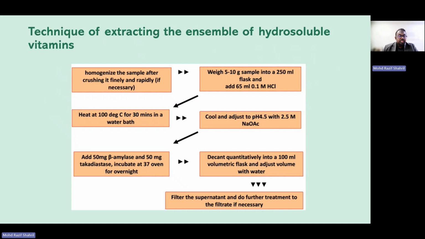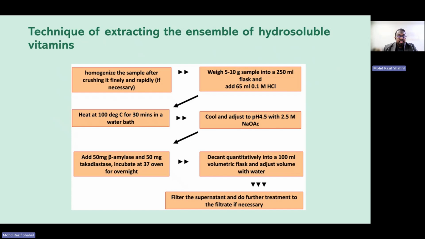For example, to extract the ensemble of hydrosoluble vitamins, we homogenize the finely crushed sample in 0.1 molar HCl and heat it at 100 degrees Celsius for 30 minutes. We then cool it, adjust the pH to 4.5, and add specific enzymes like beta amylase and takadiastase, and incubate it at 37 degrees Celsius overnight.